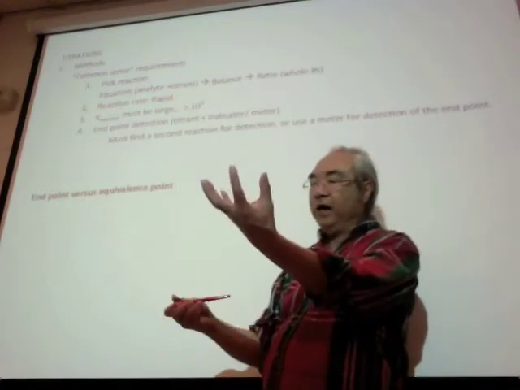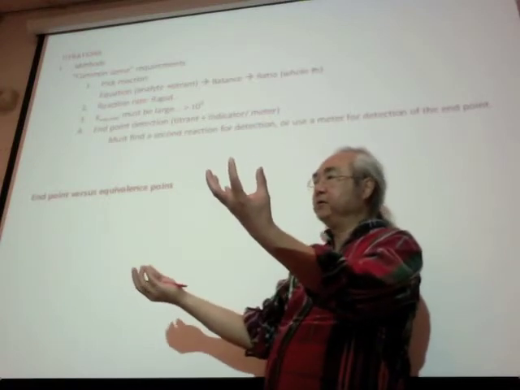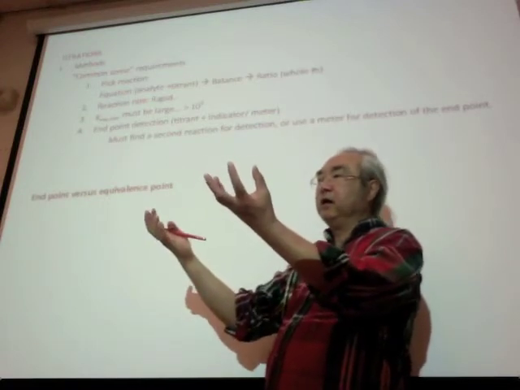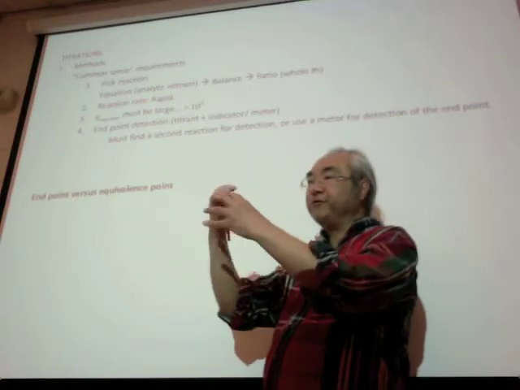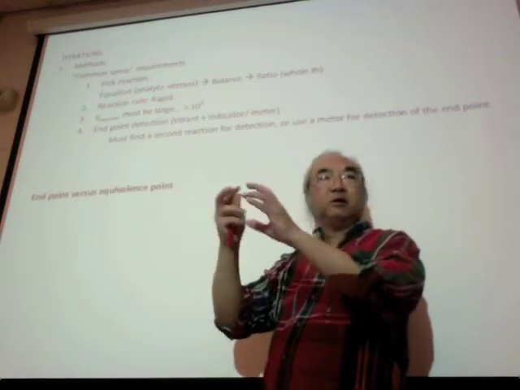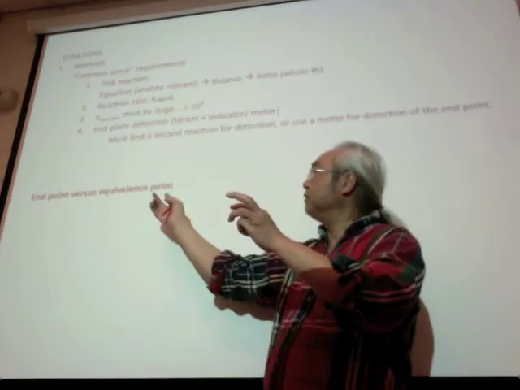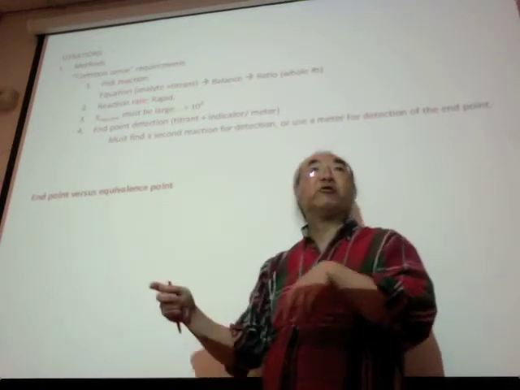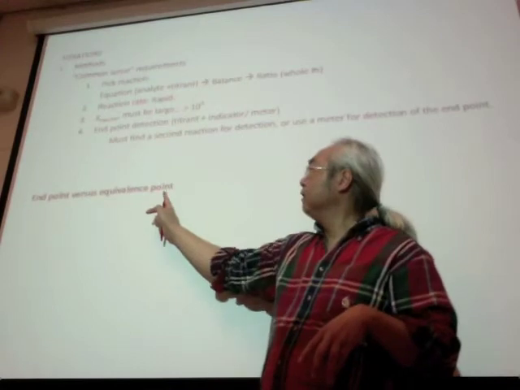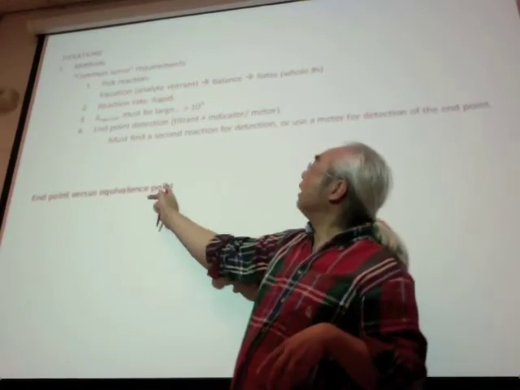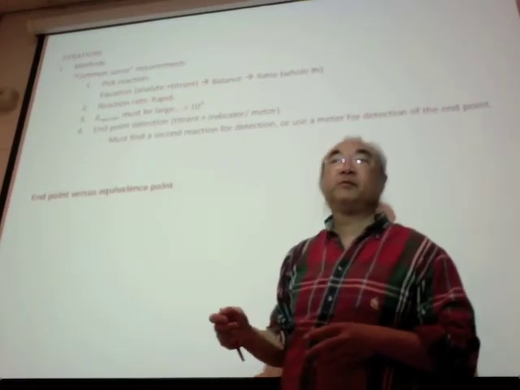So you add a quantity to your sample, and when you have added a coefficient amount of your titrant to your sample, then you have reached the equivalence point. So this is per calculation according to the equation. Any question with all those points? Okay.